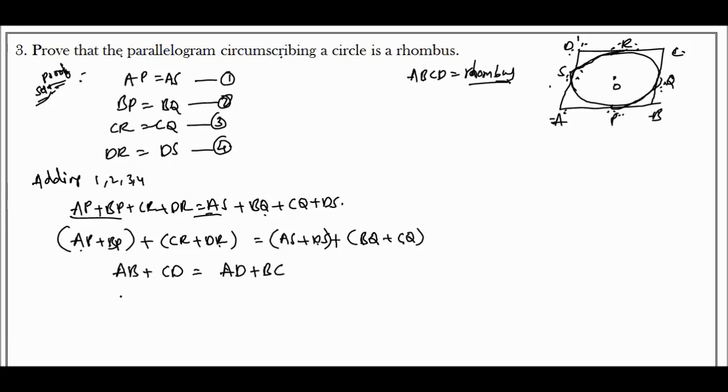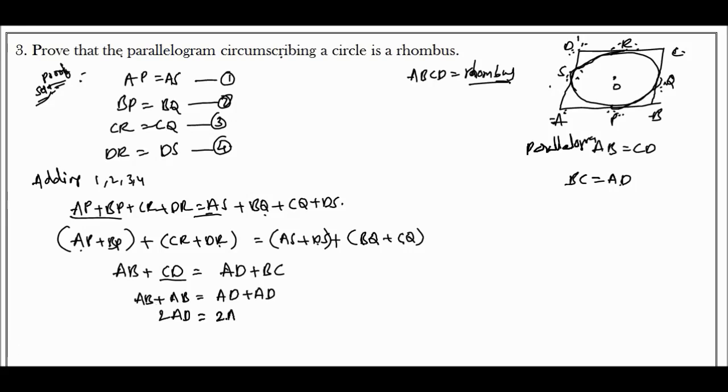Because it is a parallelogram, CD is equal to AB. So AB plus AB is equal to BC plus AD, since BC is equal to AD. So 2AB is equal to 2AD.